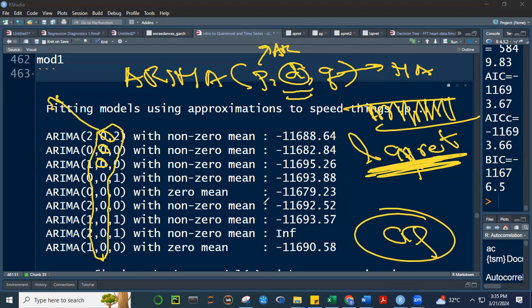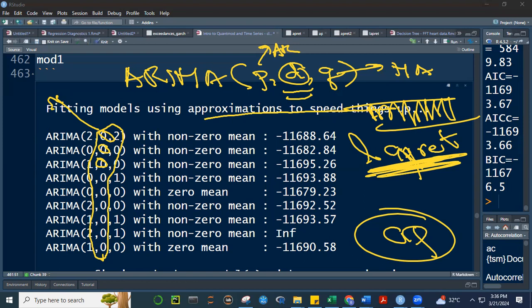Now, it says here using approximations first, because if it computes very precisely, it will take long. And which is the best model here, class, based on approximations? These are your AICs. Akaike, right? We said the better model is the one where the Akaike is the least.